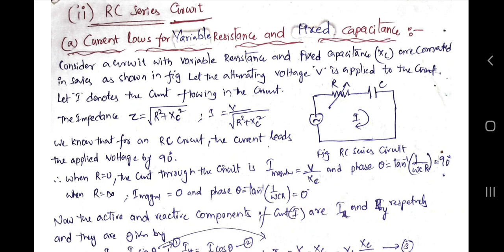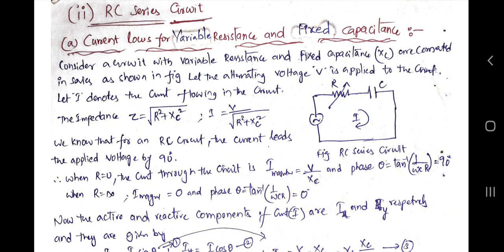So here you take two conditions. When R is equal to 0, the current magnitude I is equal to V by XC, because R is 0. The phase angle theta equals tan inverse of 1 by omega CR, which is 90 degrees, positive.